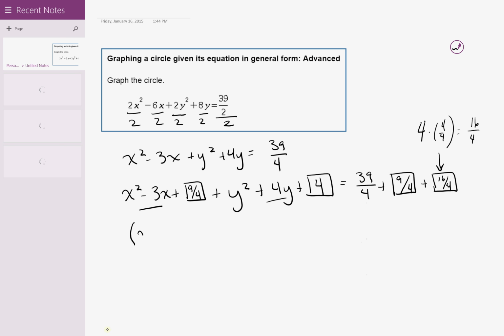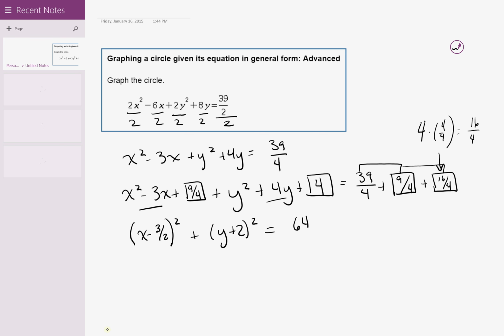This is now x minus 3 halves squared, and this is y plus 2 squared, and this is equal to 39 plus 9 is 48, plus 16 is 64.